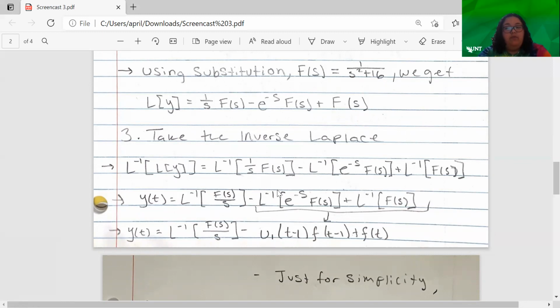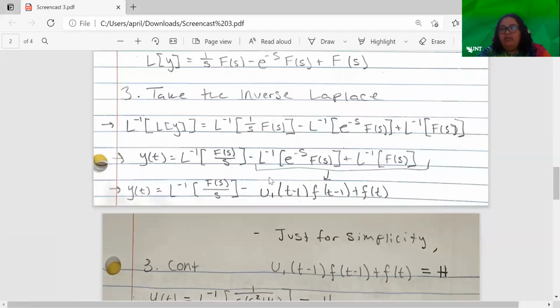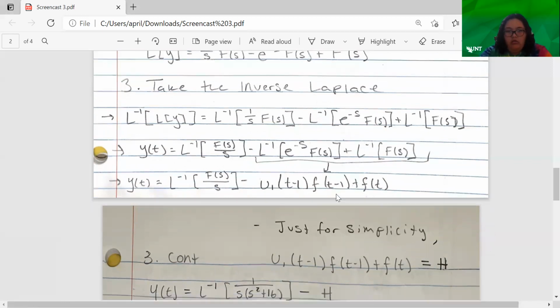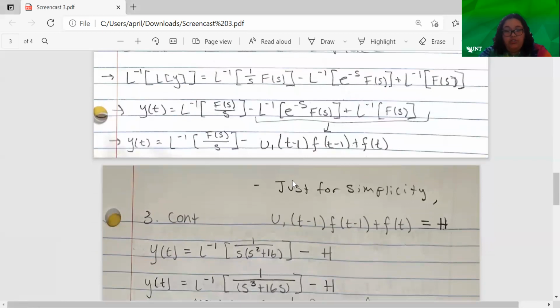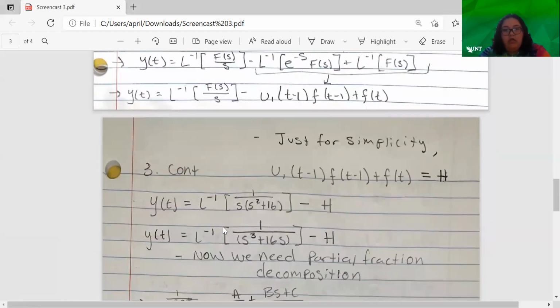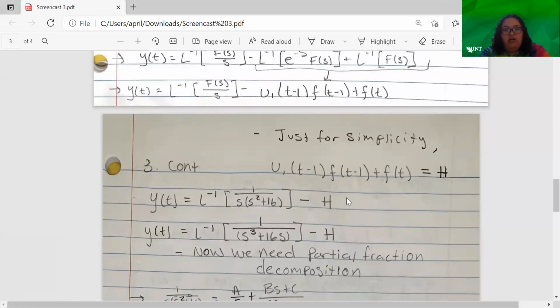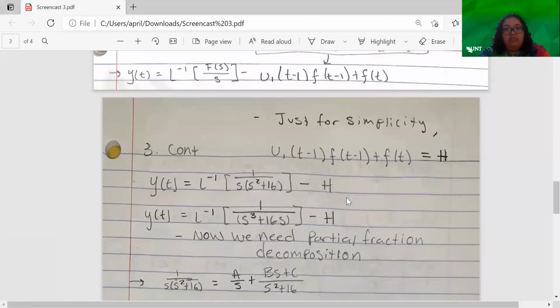Starting with these last two terms, it's pretty simple and straightforward. The unit step function right here. To simplify it, since we're working on the first part now, we're just going to set it equal to h, so that we don't have to write it every single time.